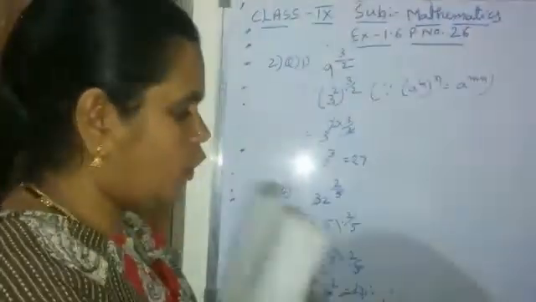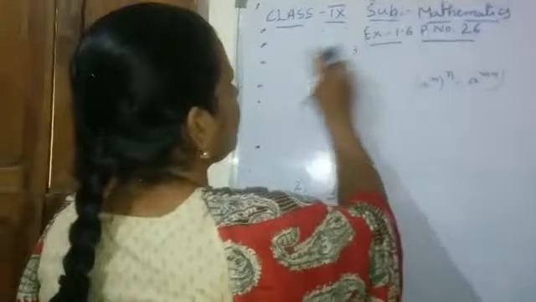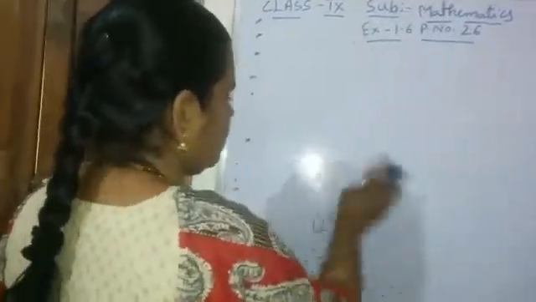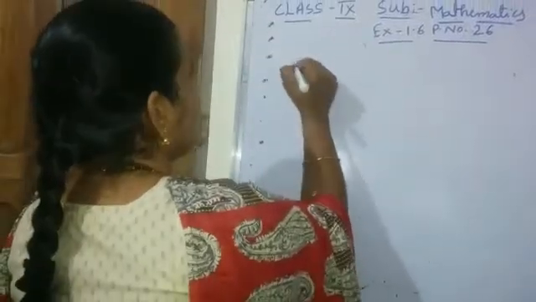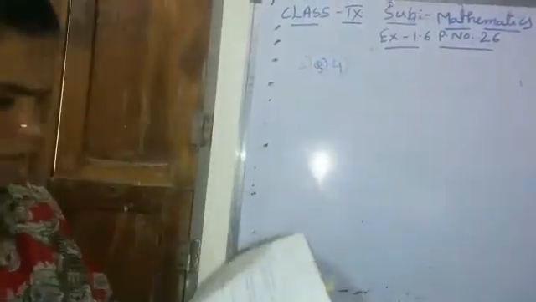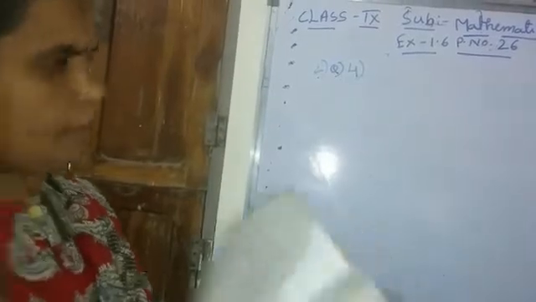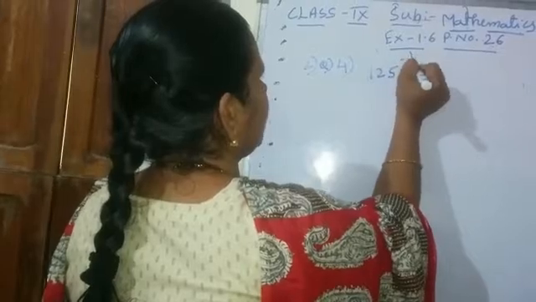Now copy down the fourth one. Second question, fourth bit. Now see, second question, fourth bit. 125 to the power of minus 1 by 3.